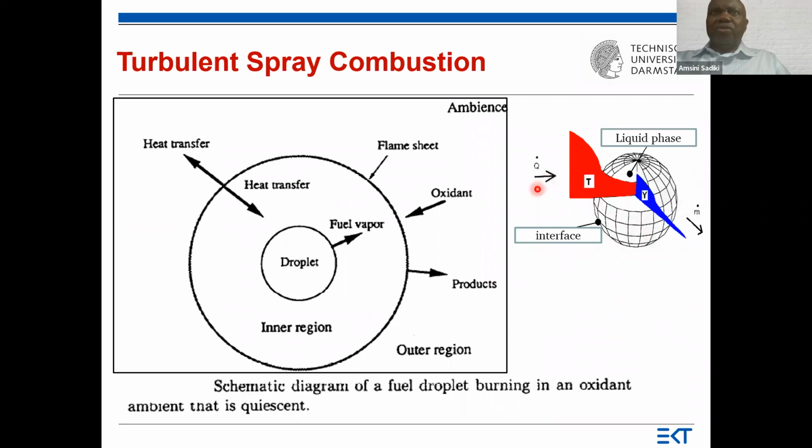So we have heat transfer, which brings heat to our droplets. These droplets evaporate, and we have some fuel vapors.